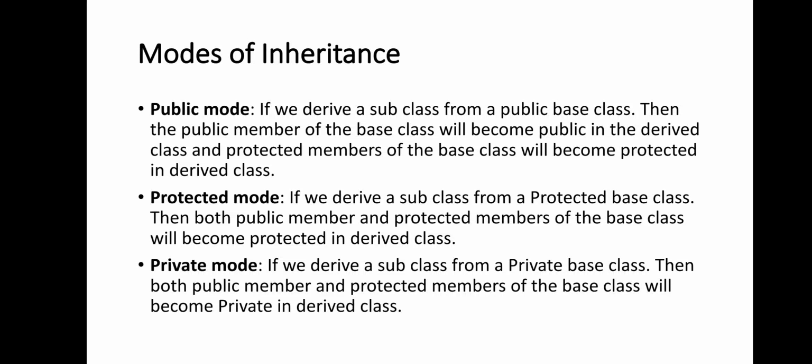In public mode, if we derive a subclass from the public base class, then the public member of the base class will become public in derived class and protected member of the base class will become protected member in the derived class.